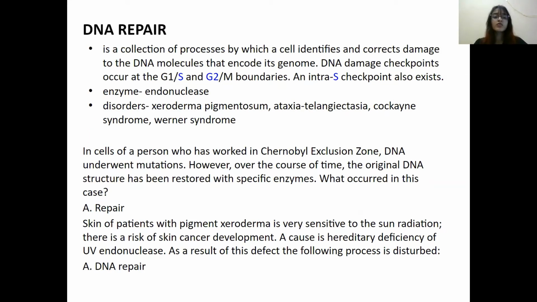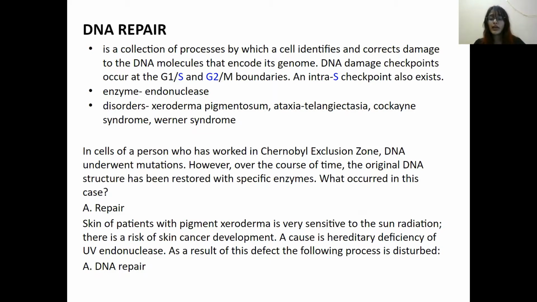Let's quickly also talk about DNA repair. It's just a process in which the cell identifies and corrects damage to the DNA molecule. Within the cell cycle there are various checkpoints for the DNA, that is the G1 to S or G2/M boundaries.